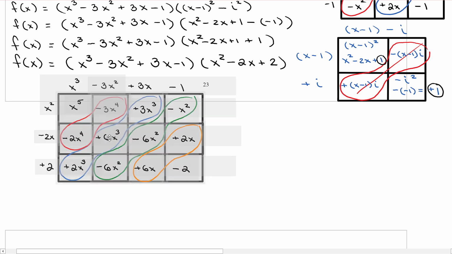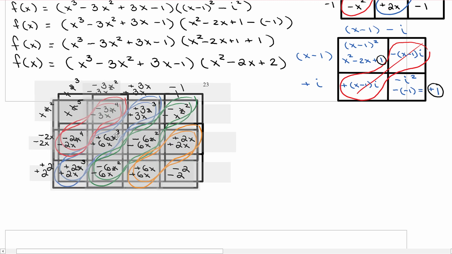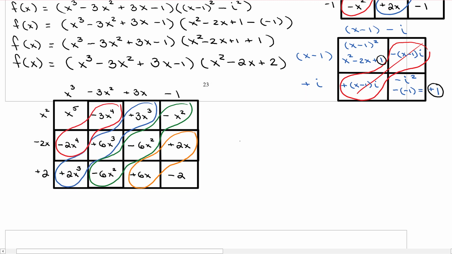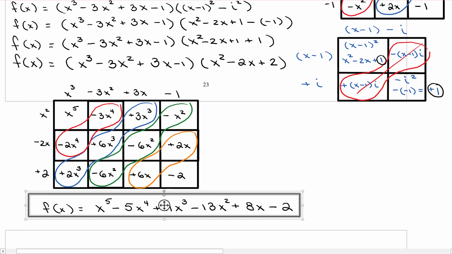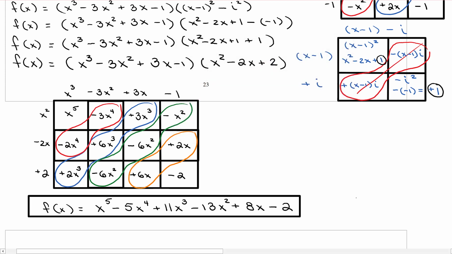So our final function is going to end up being f of x is equal to x to the 5th, and add your like terms. This is going to give me negative 5x to the 4th, and then this will be positive 11x cubed minus 13x squared plus 8x minus 2. Box in your final function, and there you go.